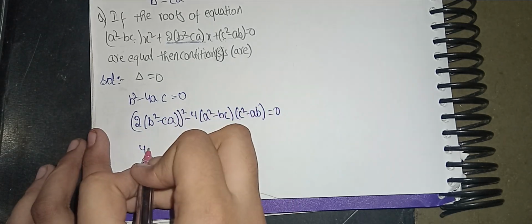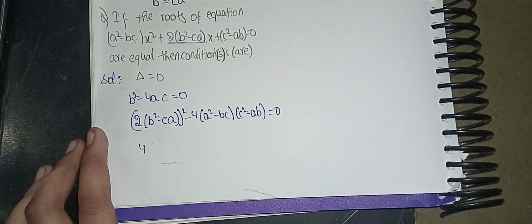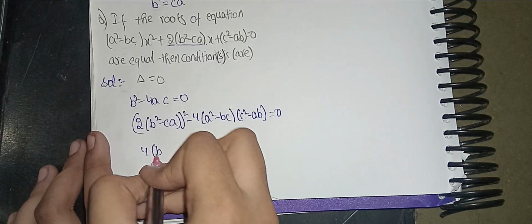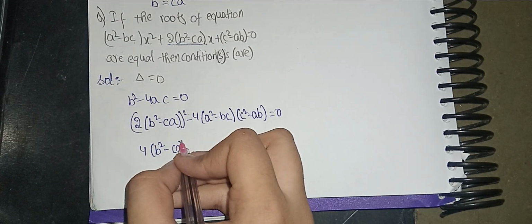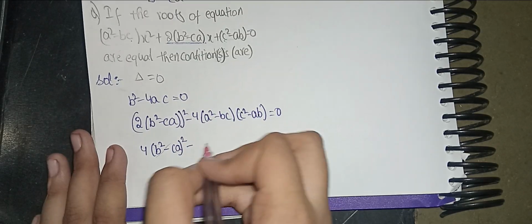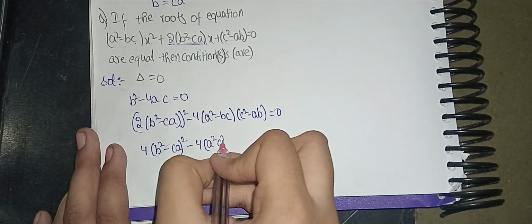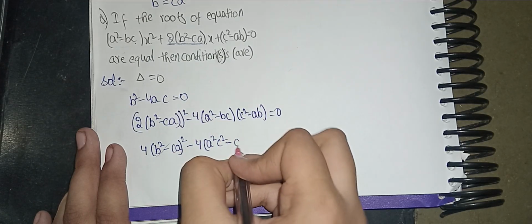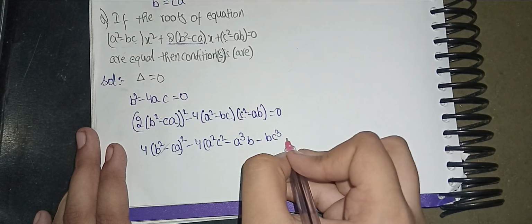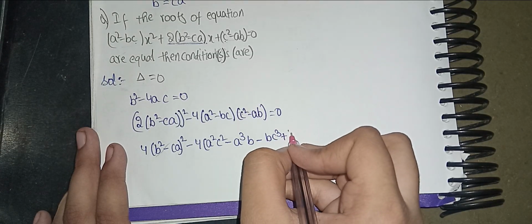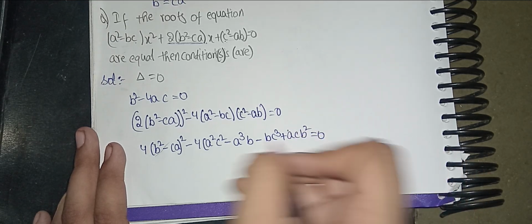It will be 4 into b square minus ca whole square, minus 4 into a square c square minus a cube b minus bc cube plus acb square is equal to 0.